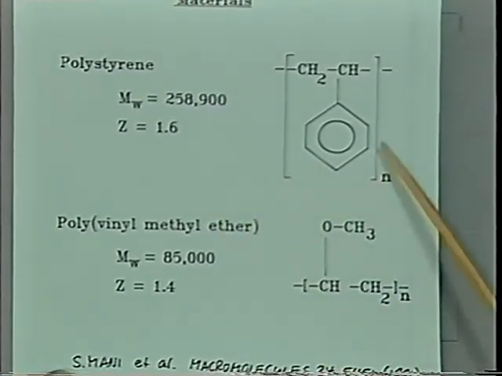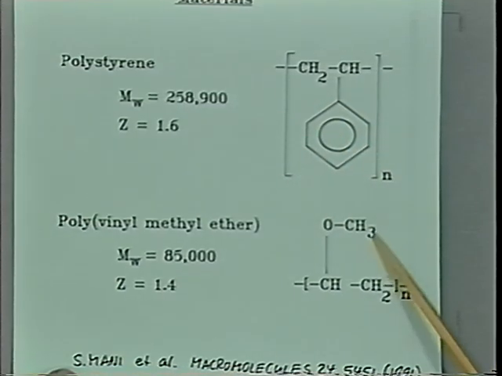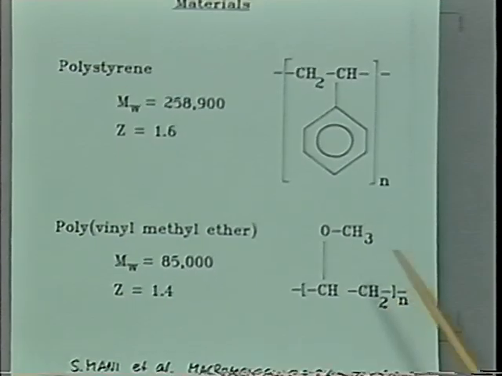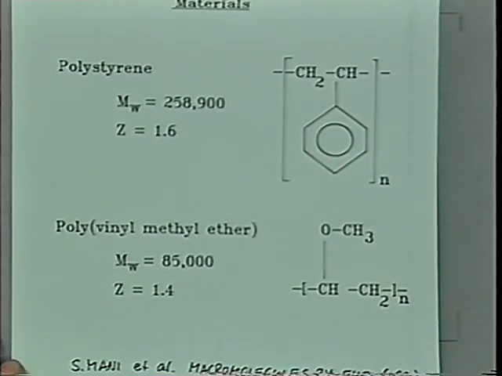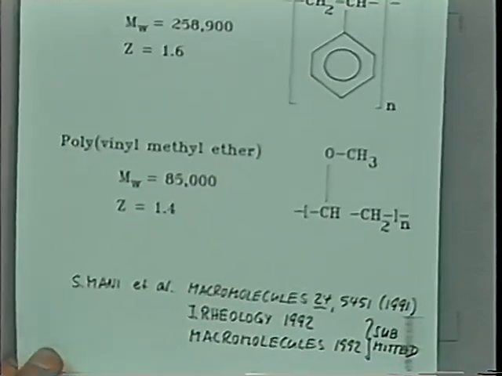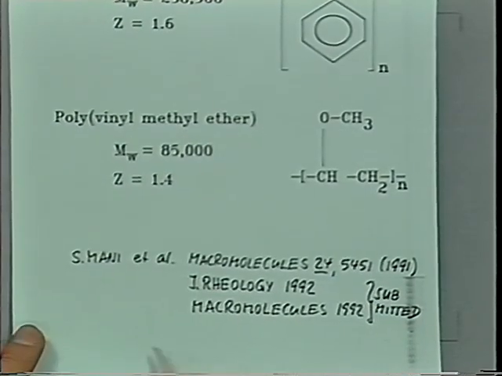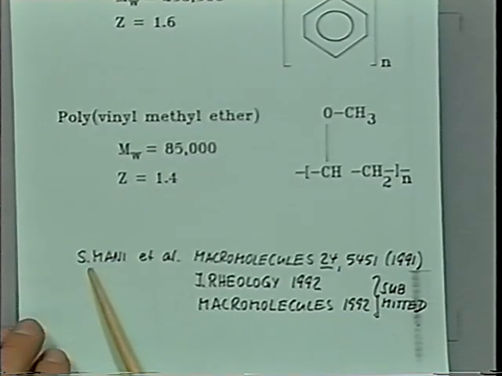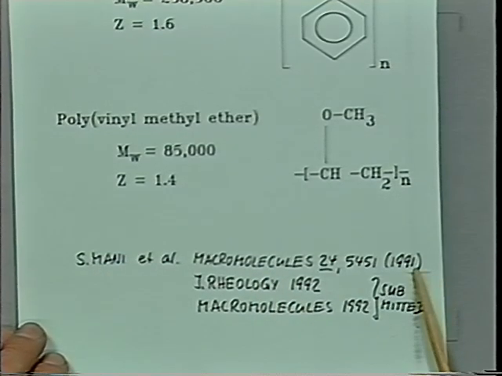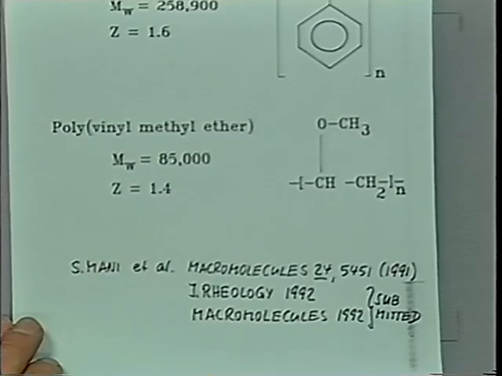The polystyrene has a side group which is interacting with the side group of the polyvinyl methyl ether, and due to this interaction, a single phase behavior is probably seen in this material. The data which I will be showing are from Suresh Mani's experiments, which are published in Macromolecules in '91, and there are 2 more papers coming out from his experiments.